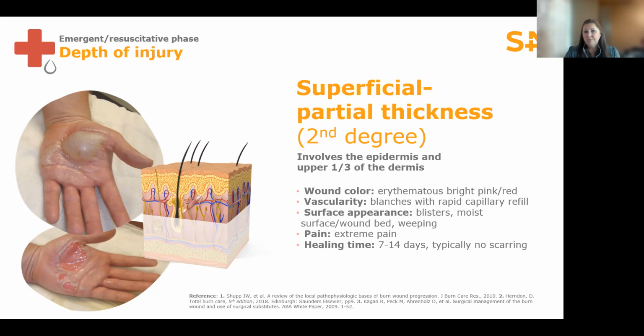Depending on that, we might have a moist surface and it might be weeping a little bit. There is extreme pain because we have not reached into those nerve endings, and so everything's fully intact and it's just a raw open wound. Typically, we have no scarring with this. We want to keep it clean and free of infection, and it can heal in about 7 to 14 days.